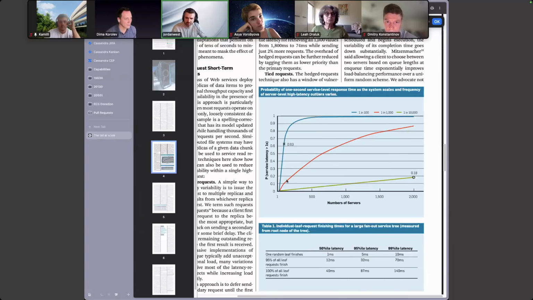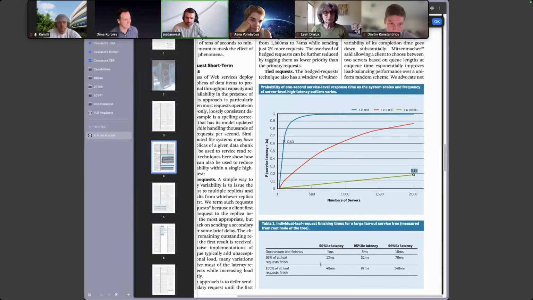When you have 1,000 computers, and when you have 10,000. We can add computers to reduce the probability, but we can't actually not hit the problem. And because of, let's say, 18% of 10,000, your chance now of actually hitting the tail latency problem goes up.